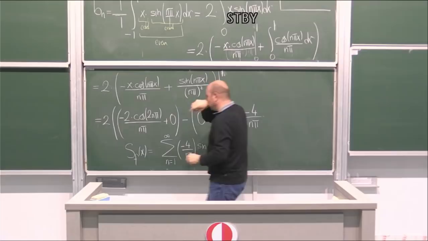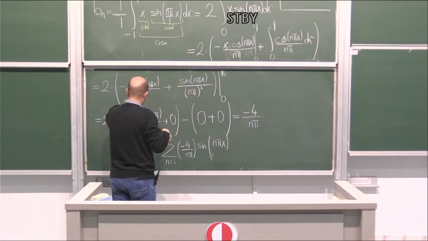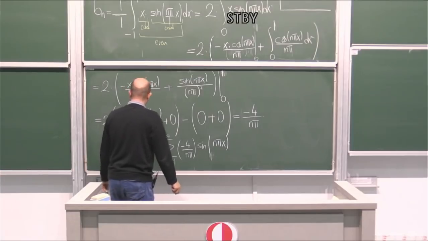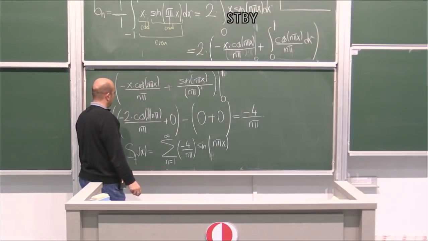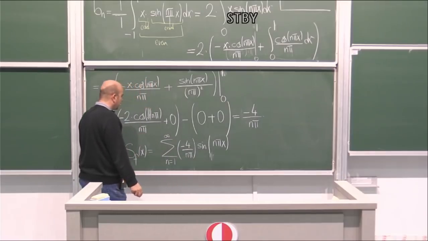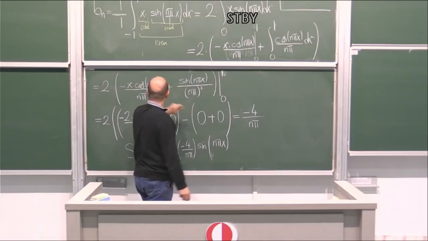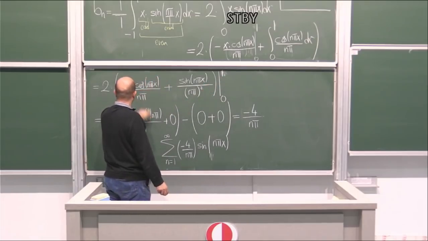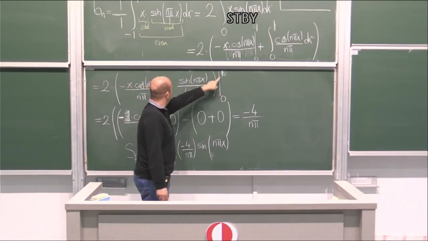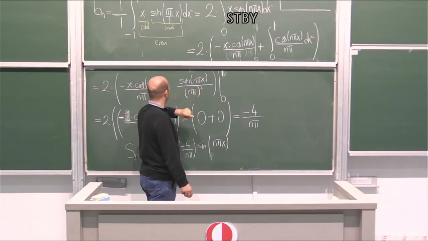So this is n pi, and still, when you plug in 1, we get cosine n pi times minus 1. When you plug in 1 here, sine n pi is always 0.